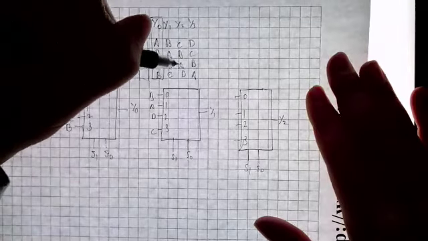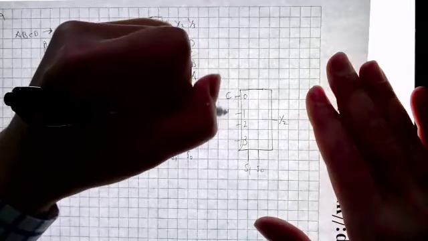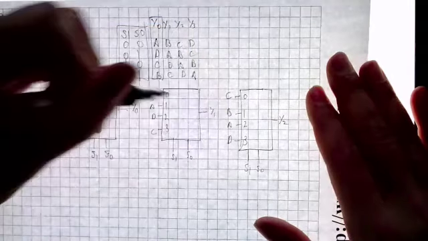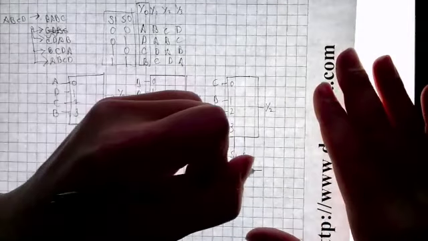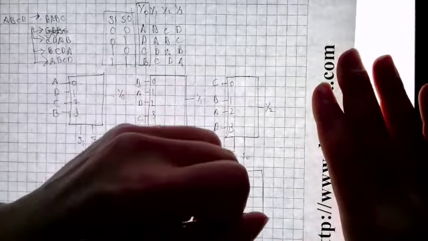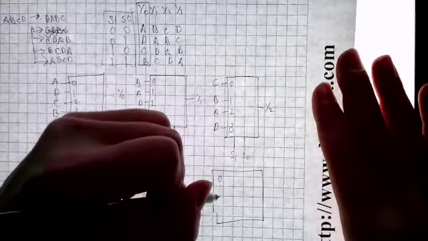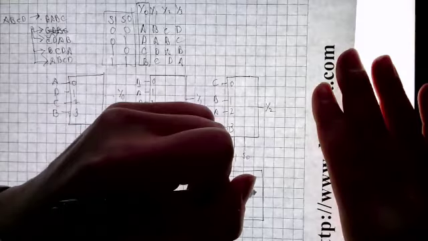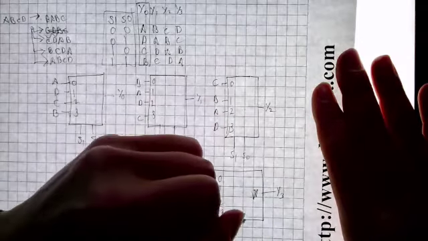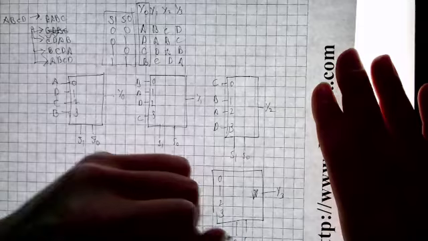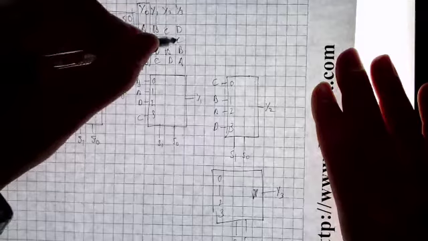So now you write this down, CBAD, and your barrel shifter is nearly done because now we have to do Y3. And we write DCBA.